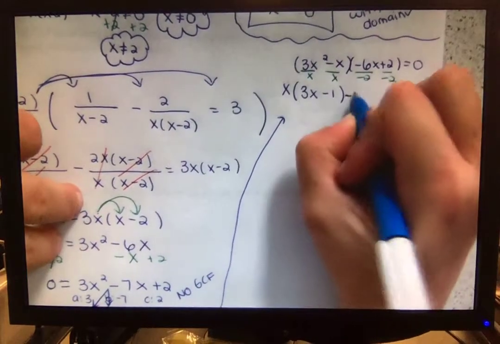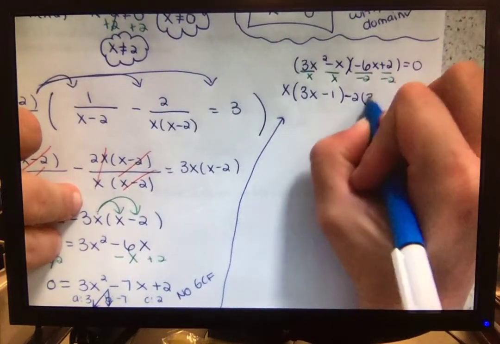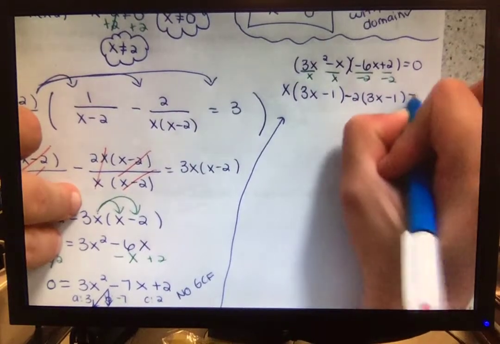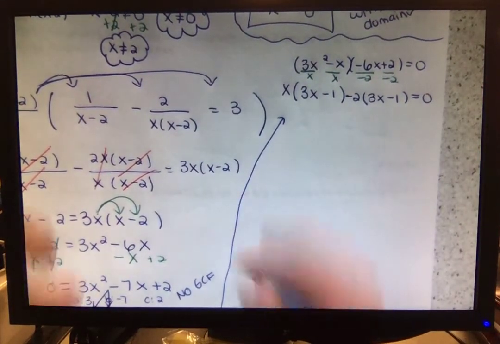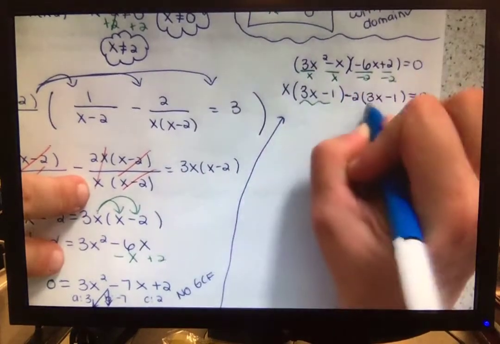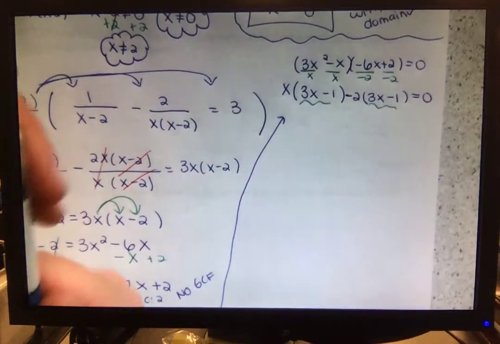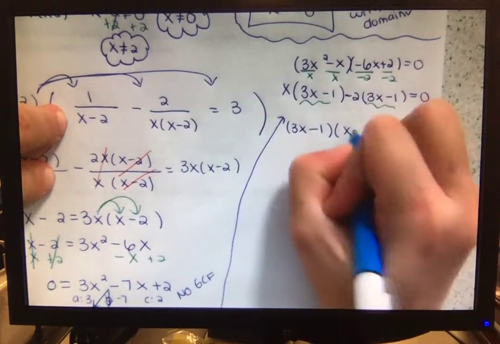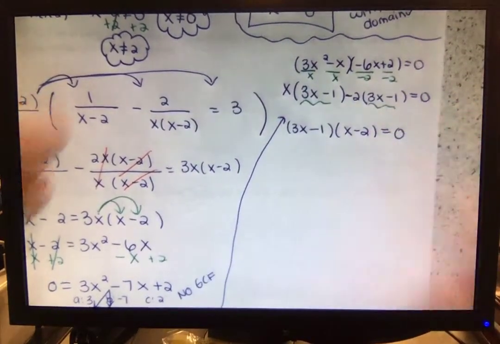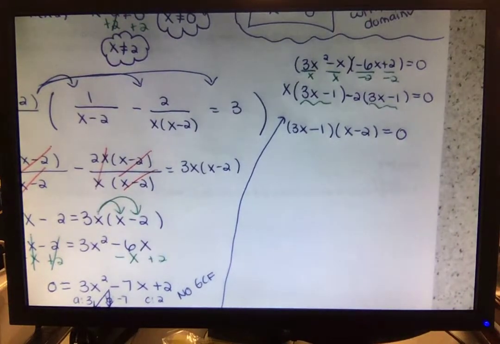Factoring or dividing out negative 2, what's left over? 3x minus 1. We know we did it right because they are both 3x minus 1, so that'll be one factor. Our other factor will be x minus 2. So we have 3x minus 1 times x minus 2 equals 0.